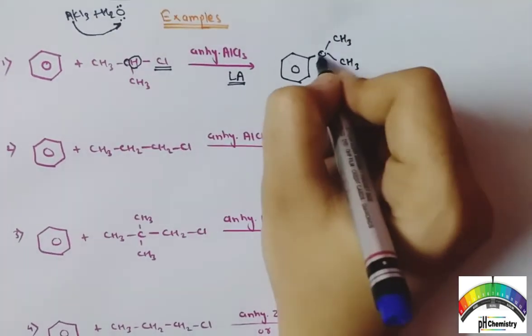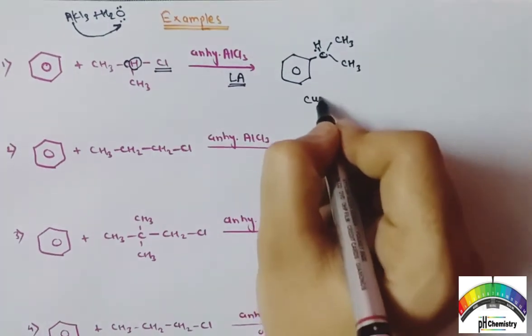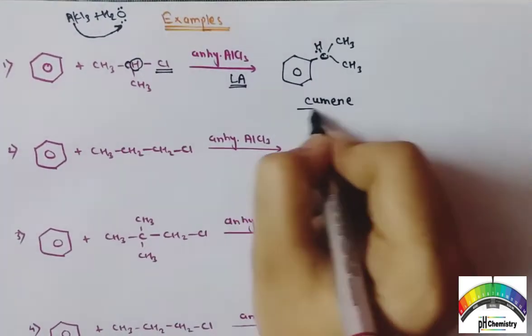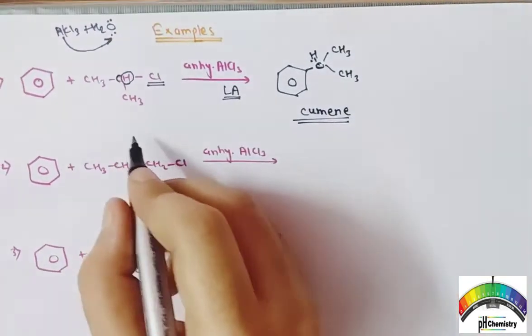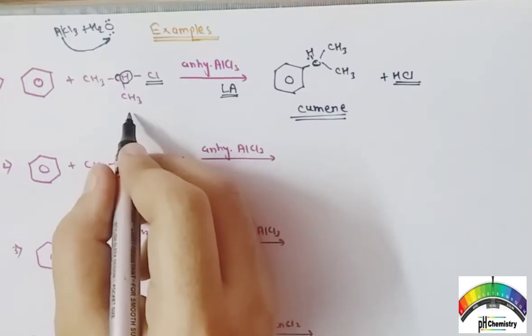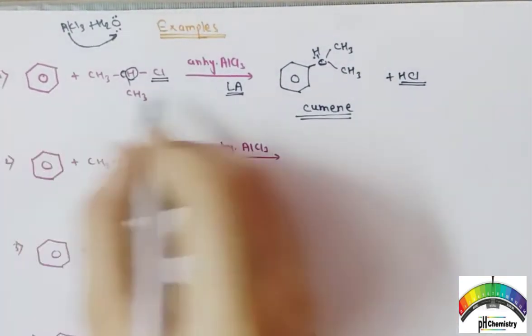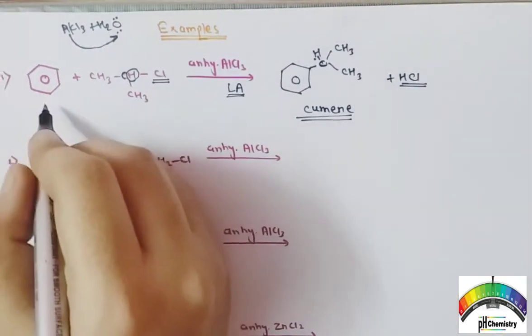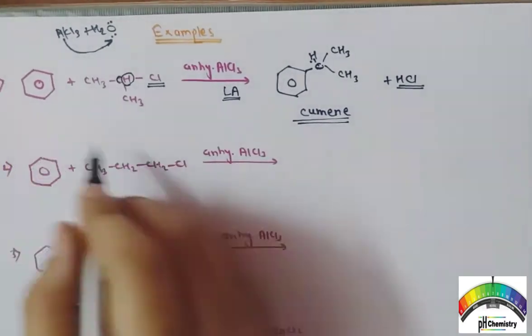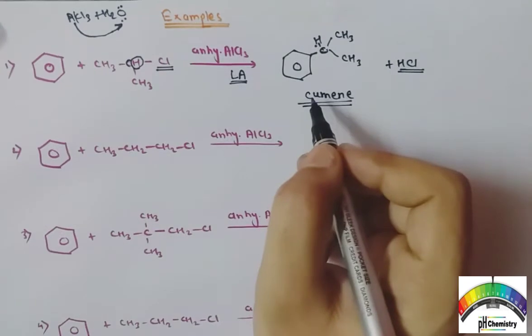This is known as isopropyl benzene, or it is also known as cumene. This is the product. Simply remove HCl from the reactants and the product is formed. You can attach this at any place of the benzene ring as it is a symmetrical structure. So this is very easy.